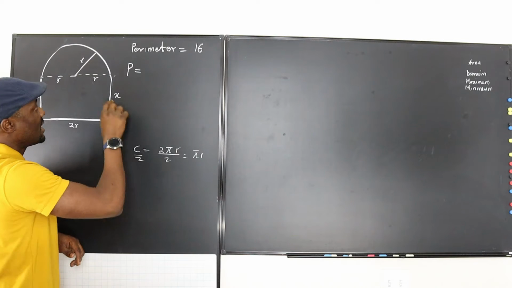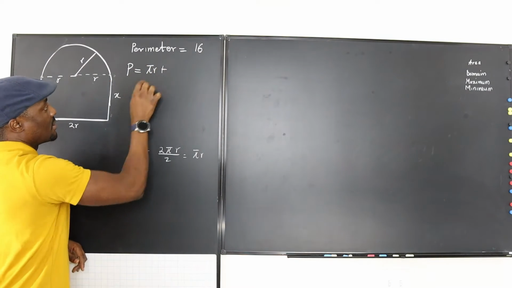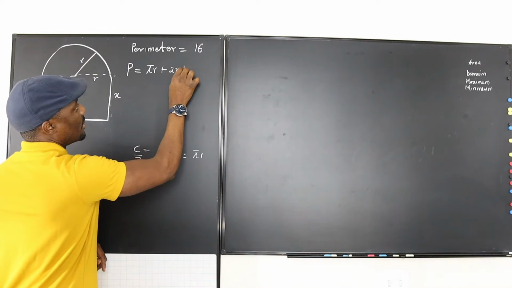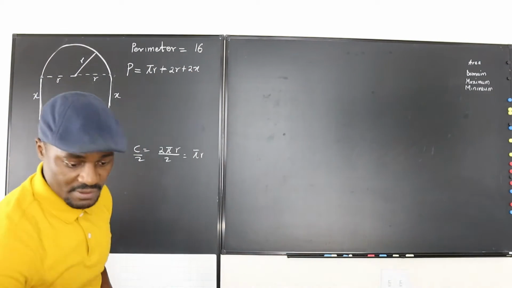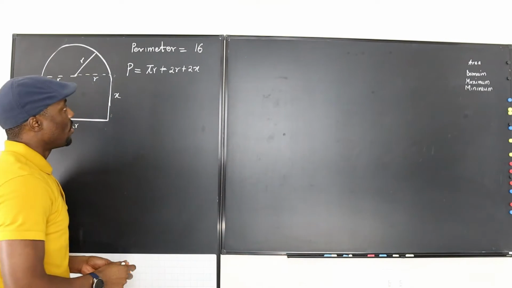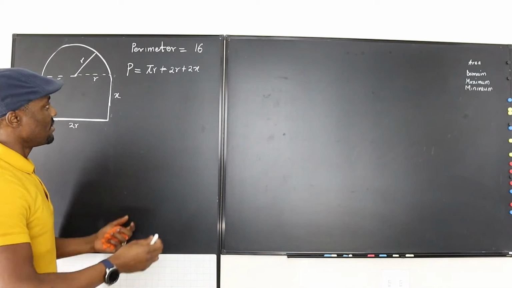So it's pi r plus x plus 2r plus x. That's going to be pi r plus 2r plus 2x. Okay, let me get rid of this. So at this point, that's what we have. That's our perimeter.